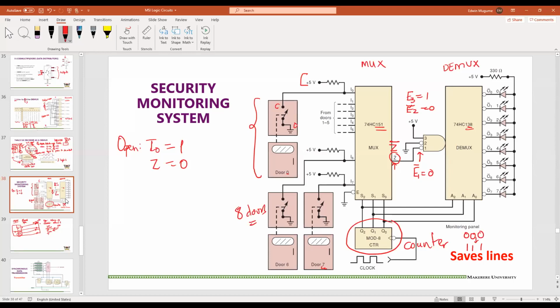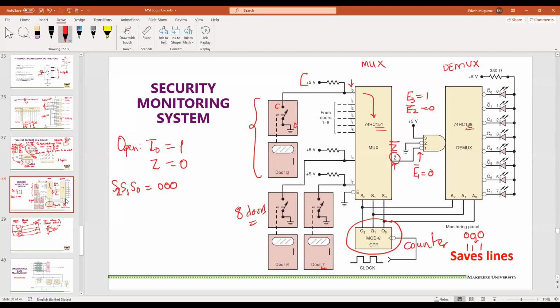Anyway, let us, for instance, say that in this case S2, S1, S0 is equal to 000. If it is 000, it means that this input has been selected to pass to the output.